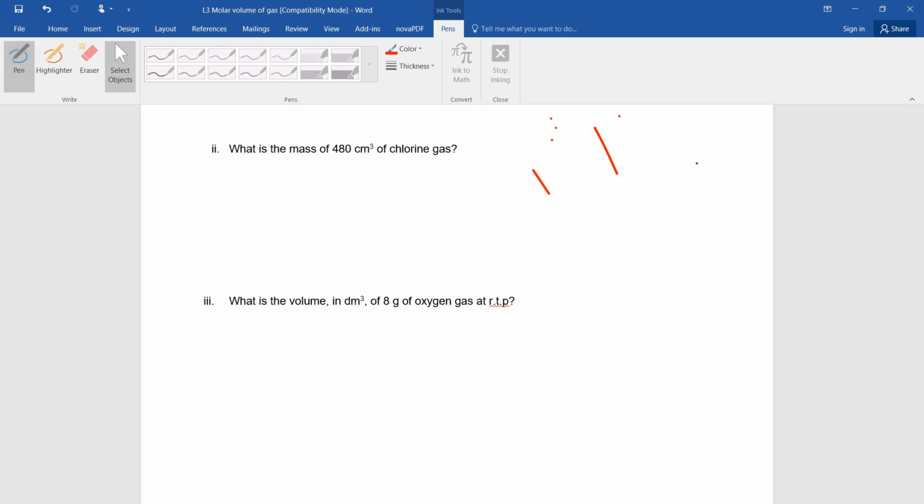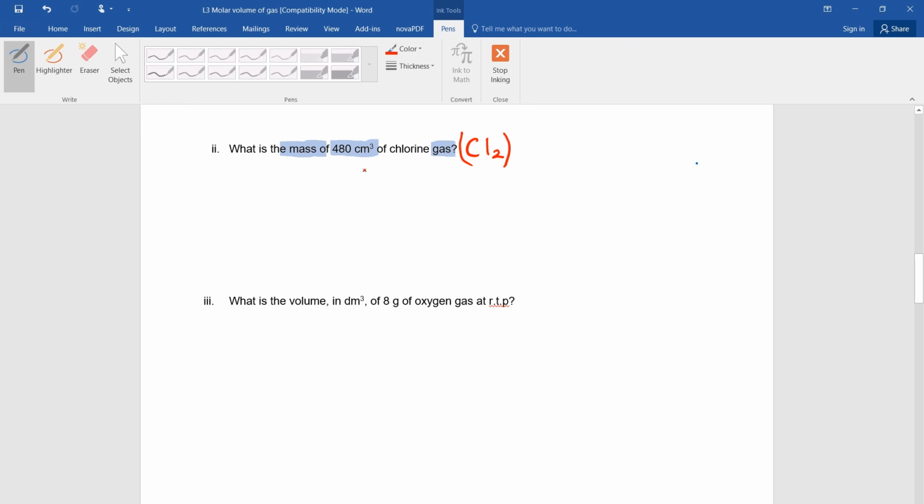In part 2, if you read the question carefully, you realize that they're asking you to find the mass of the volume of gas. Just for information, chlorine gas has the formula Cl2. Now, the question wants you to find mass, but they give you volume. So I need to think of how we can go about calculating this.